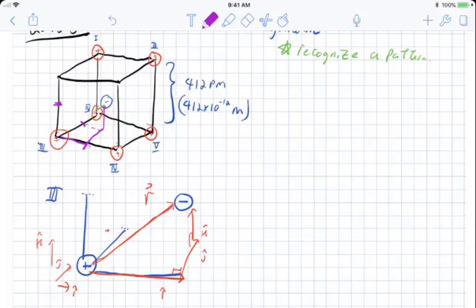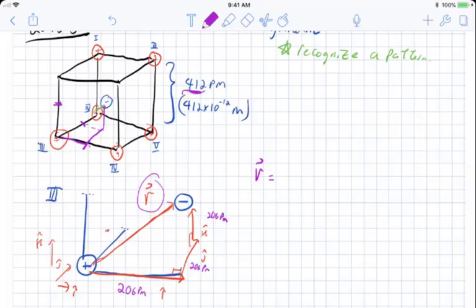And so half of the length of the side is going to be 206 picometers. So even though it's actually pretty difficult to draw and illustrate this particular vector, it's not tricky at all to describe what the components of that vector are.